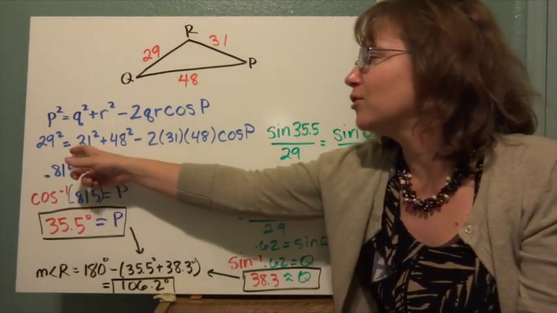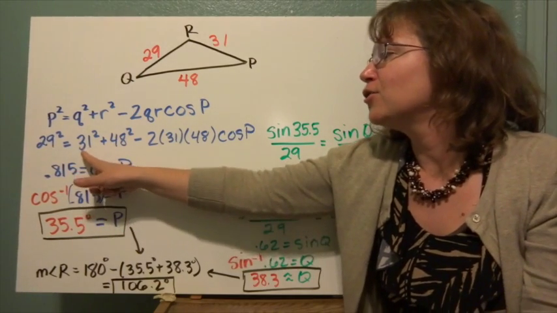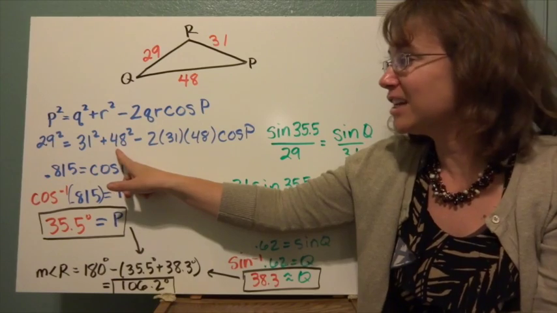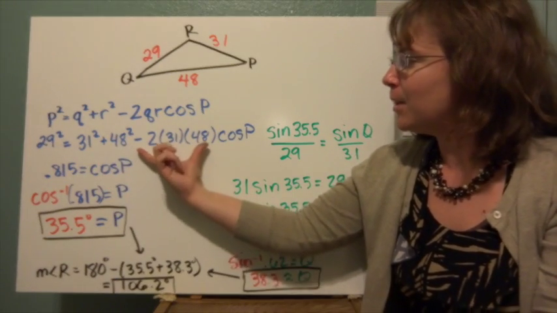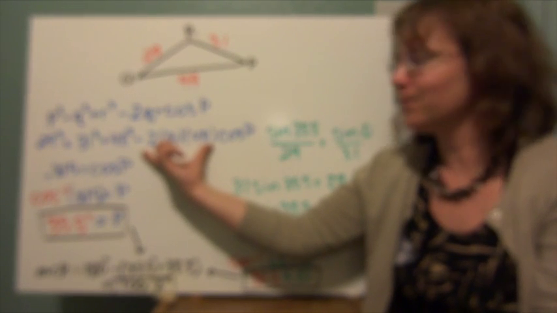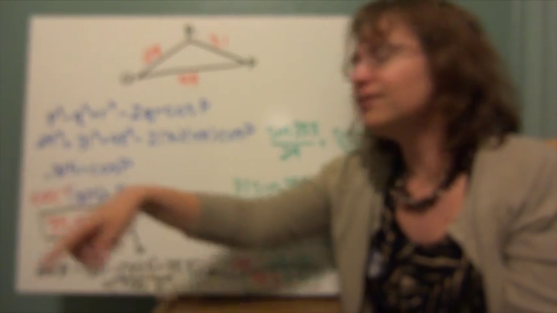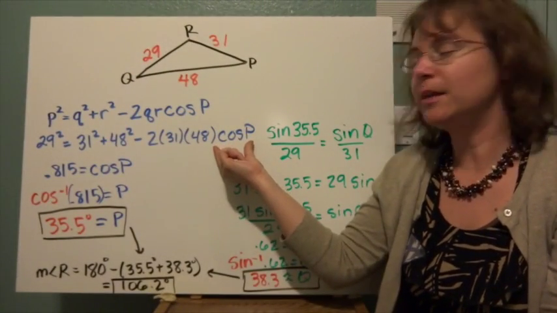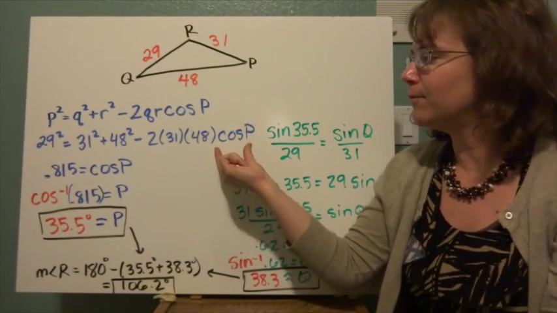So if you can imagine, you're going to be taking 29 squared, you're subtracting 31 squared, and you're also subtracting 48 squared. So you're going to get this nice negative number, but you're going to divide by -2 times this stuff right here. And so you're going to end up with a positive number, 0.815, and that's equal to your cosine of P. You're trying to isolate this cosine of P.